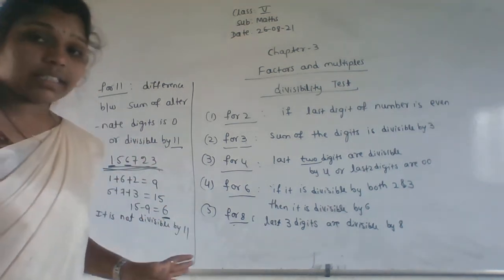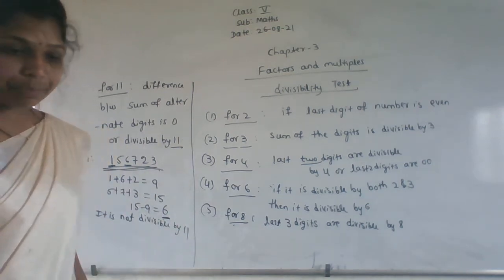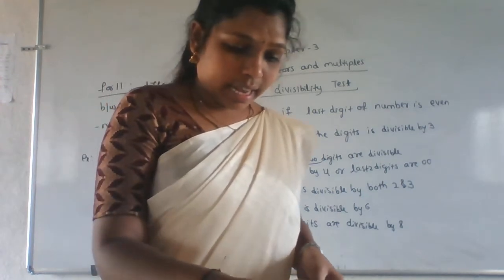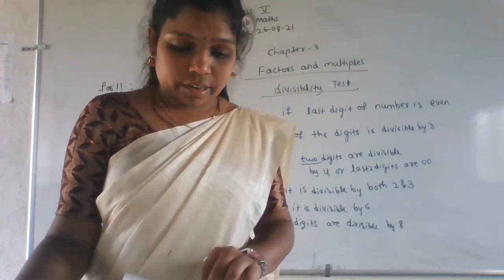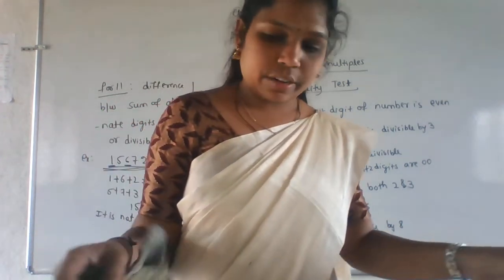Okay, so these are the rules I sent in a PDF. Now, based on this, exercise number 3.1 is there. We'll do 3.1 now. Okay, so we'll start 3.1 now.